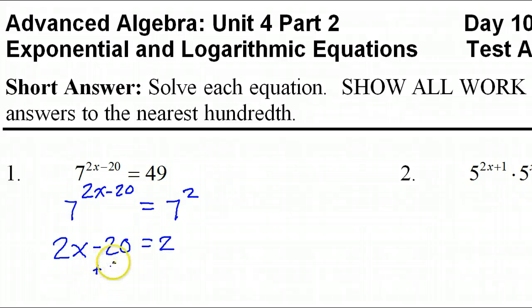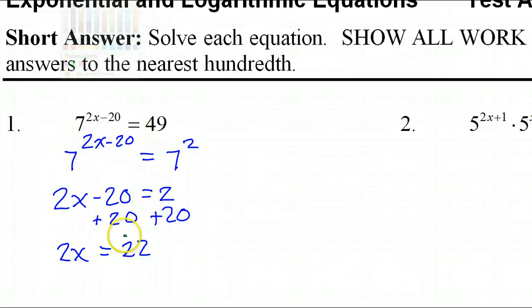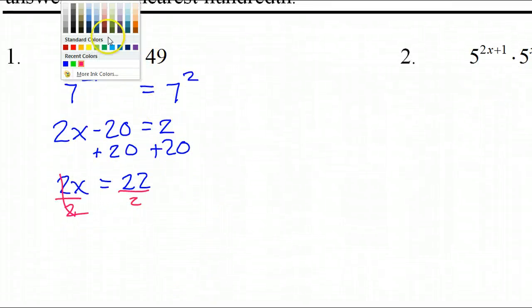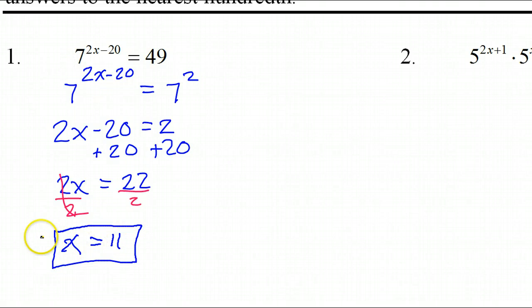Let's add 20 to both sides. So that tells me that 2x is equal to 22. And then we would divide both sides by 2. Alright, that tells me that x is equal to 11.